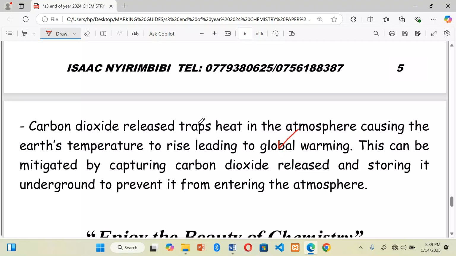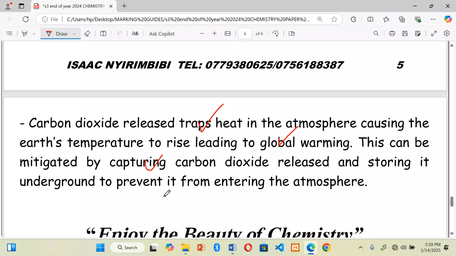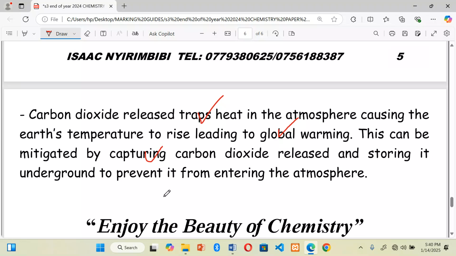So it traps the heat, which leads to global warming. This can be mitigated by capturing carbon dioxide released and storing it underground to prevent it from entering the atmosphere. And you get all your scores. Only one point, very well explained, and you get all your scores.